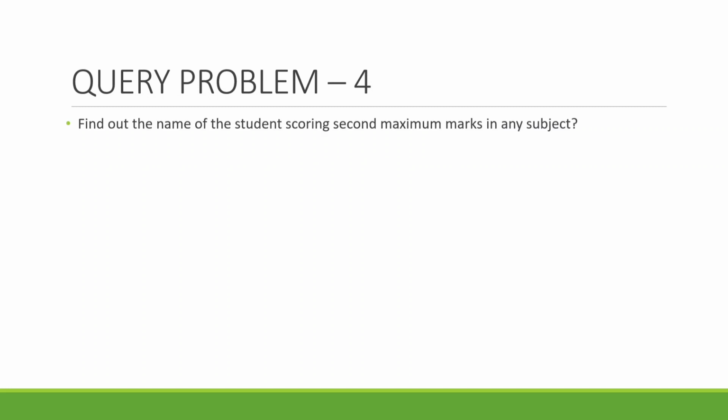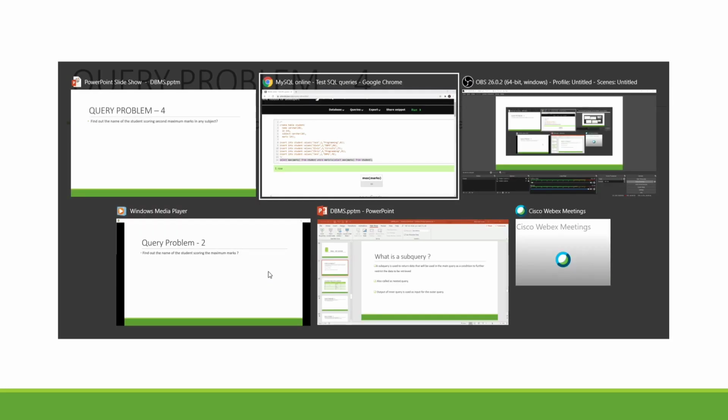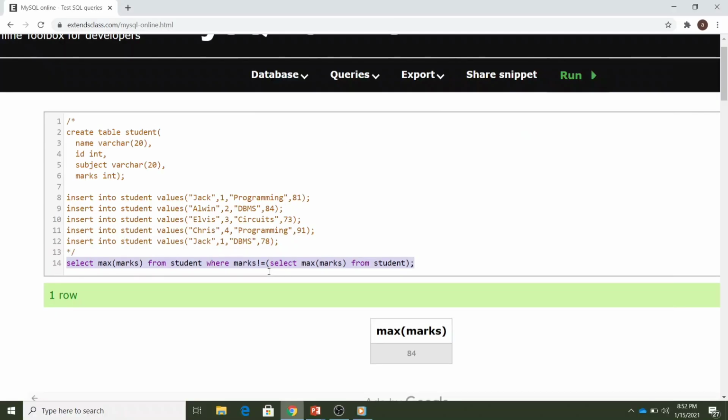If I now look at the fourth problem, it says that we need to find out the name of the student who is scoring the second maximum marks. In this table, we are getting 84 as our second maximum marks, right? But we actually want to find the name of the student who is getting these marks. So again, we can use the nested query concept. We just need to add an outer query to this.